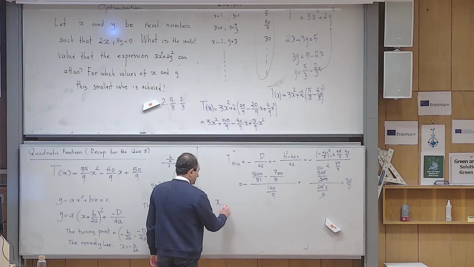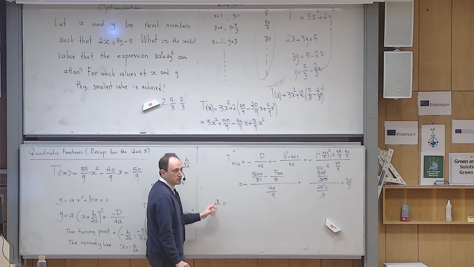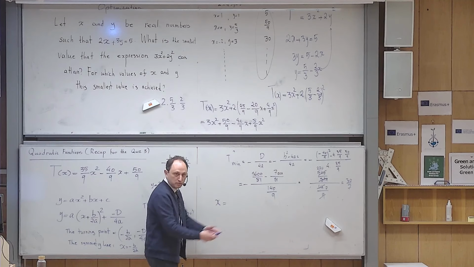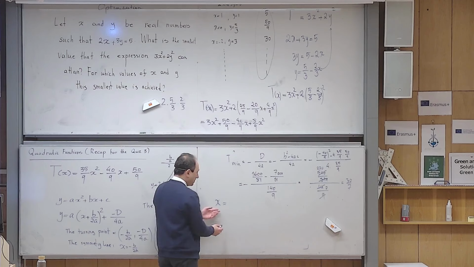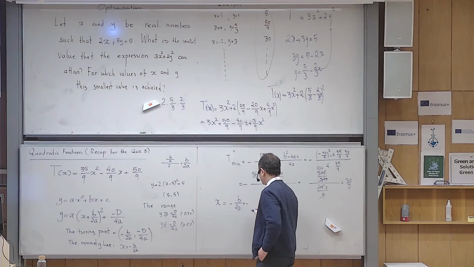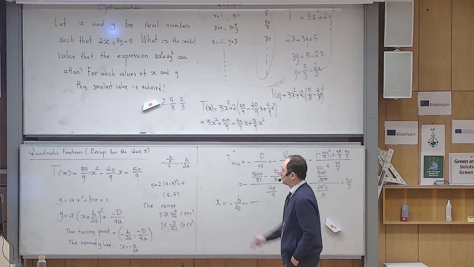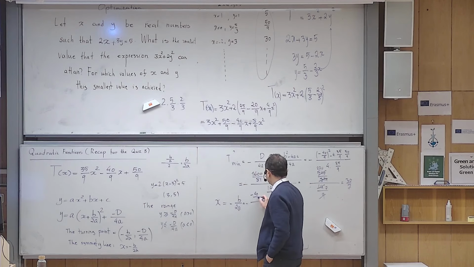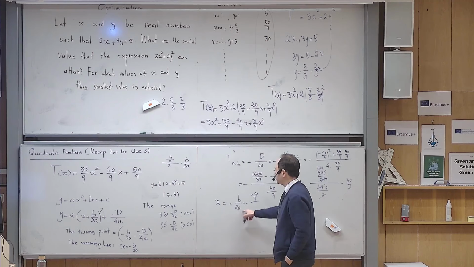X, this is called the minimizer, the one responsible for the minimum. So the x minimizer is what? It is minus b over 2a. So it's minus, what is b? Okay, another ugly number. Divided by 2 times a.